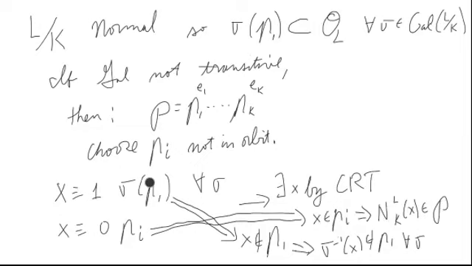Now, what about up here? What does this mean? This means that x is not in here, and in particular, especially if sigma is just the identity automorphism, the sigma inverse of x is not in here for all sigma. All right, so you know that much so far.